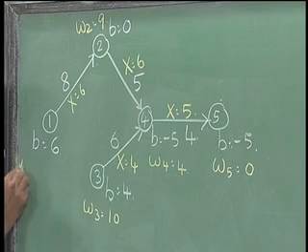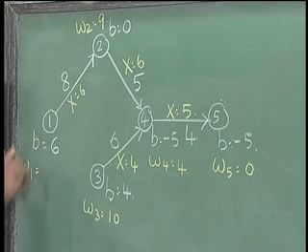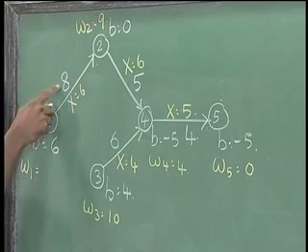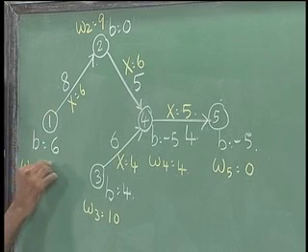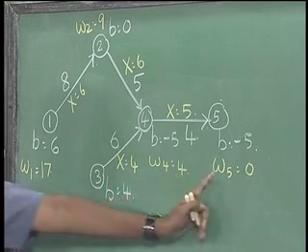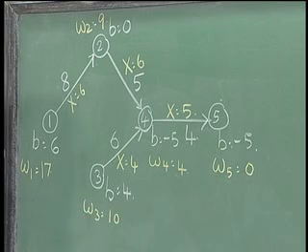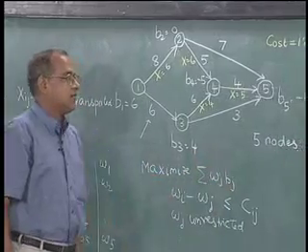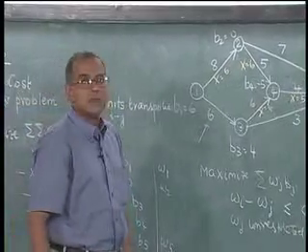Now, we again define W1 from this as Wi minus Wj is equal to Cij, which would give us W1 equal to 17. So, we have now evaluated all the dual values by fixing W5 equal to 0, applying complementary slackness conditions and using the condition Wi minus Wj is equal to Cij wherever Xij is basic.